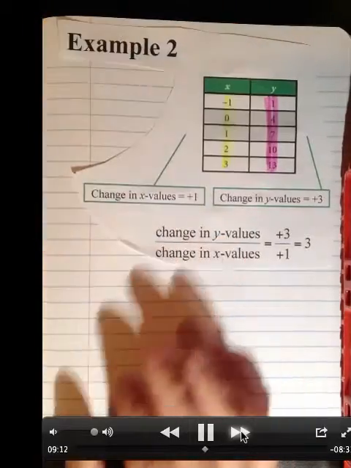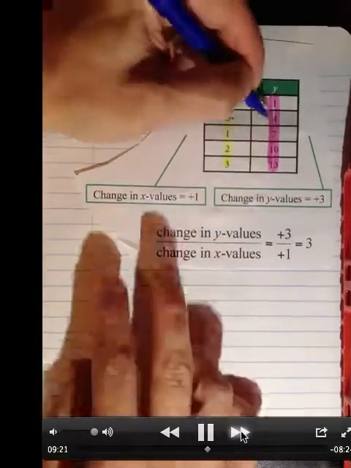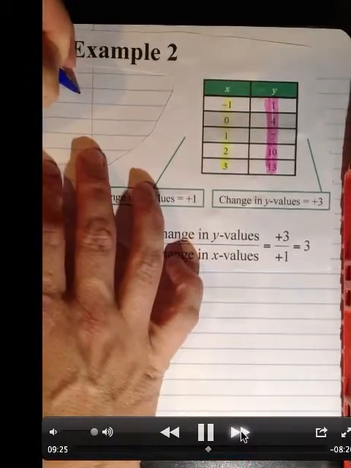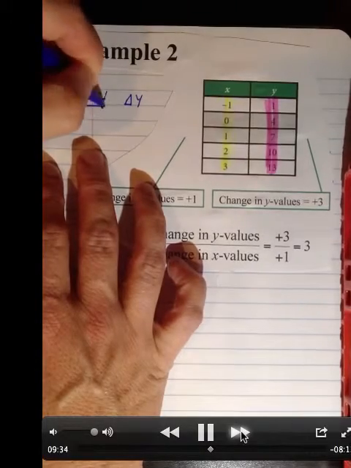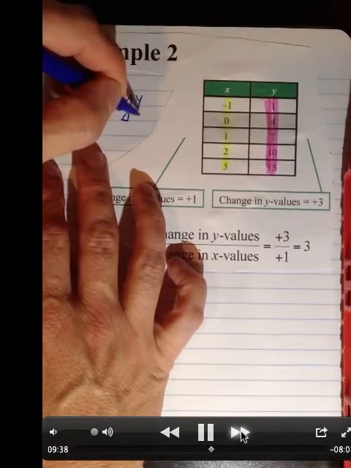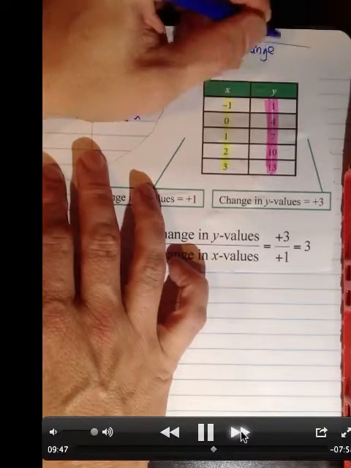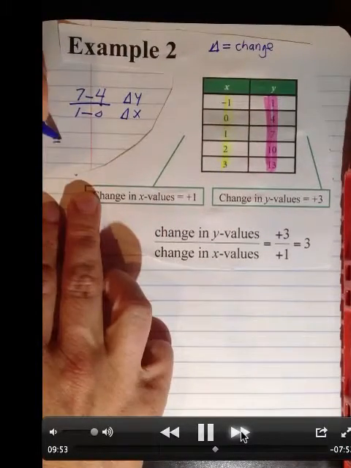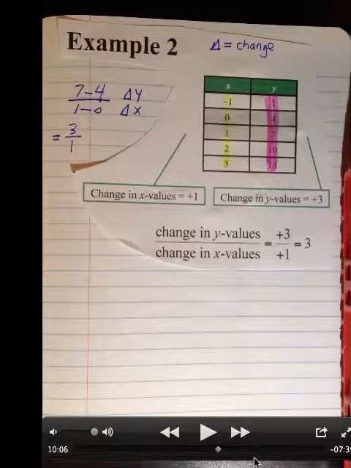Again, I'm going to use color to help organize the information. So 7 minus 4 is a change in y, and 1 minus 0 is a change in x. So that's where they get that 3.